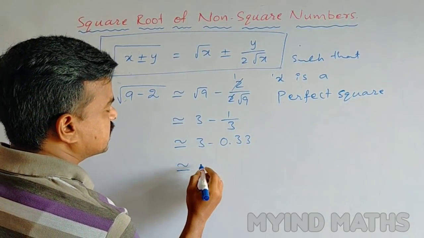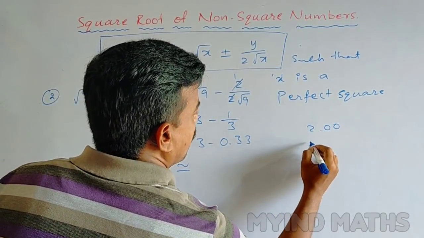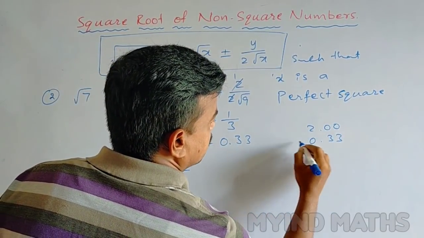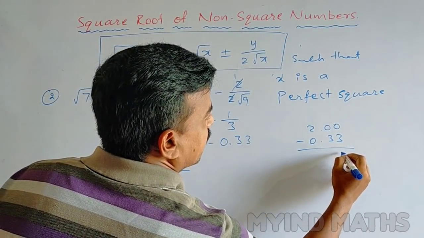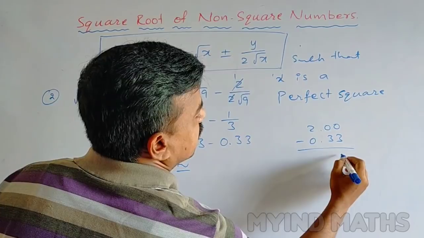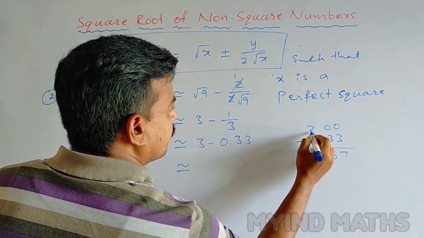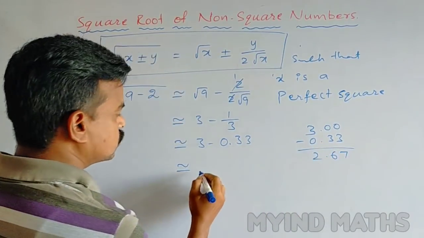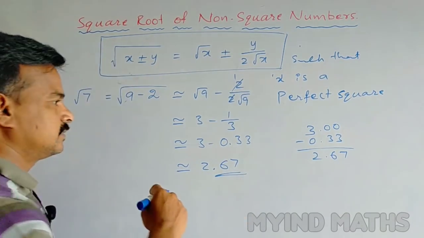So it is approximately 3 minus 0.33, that is 3.00 minus 0.33. Borrowing 10, we get 10 minus 3 is 7, 9 minus 3 is 6, and 2. So 2.67 is the answer.